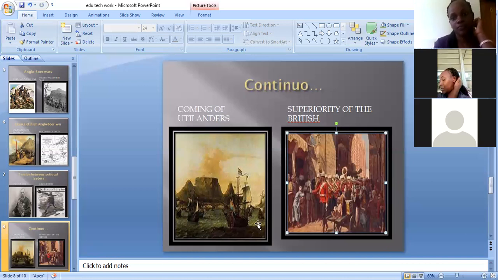Rita is signing that she's seeing the British standing even in uniform, showing the Dutch their superiority. Okay, and you, what are you telling about the diagram you're seeing? Thank you, Rita.